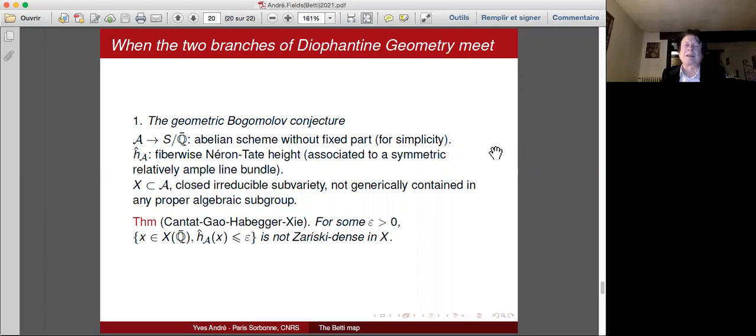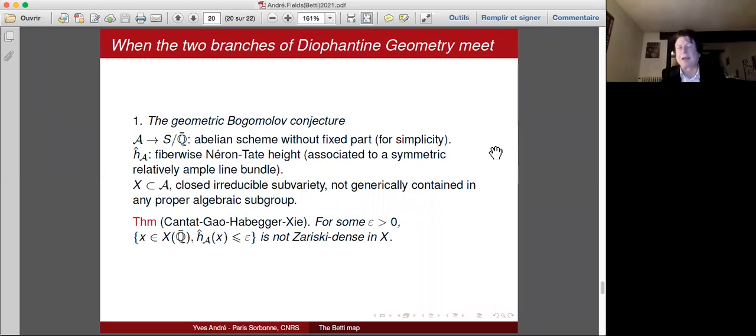One considers the fiberwise Néron-Tate height associated to a symmetric relatively ample line bundle. And one considers a closed irreducible subvariety of the total space of this abelian scheme, which is not generically contained in any proper algebraic subgroup.